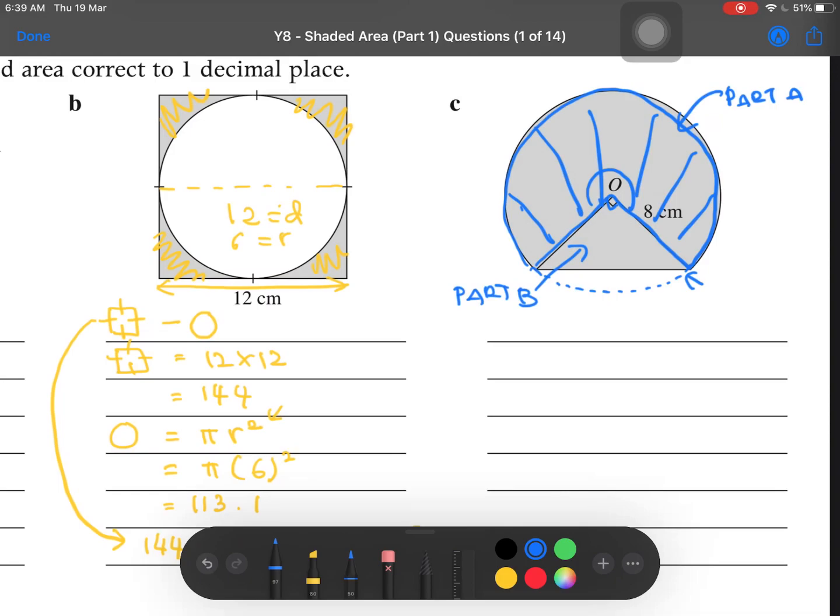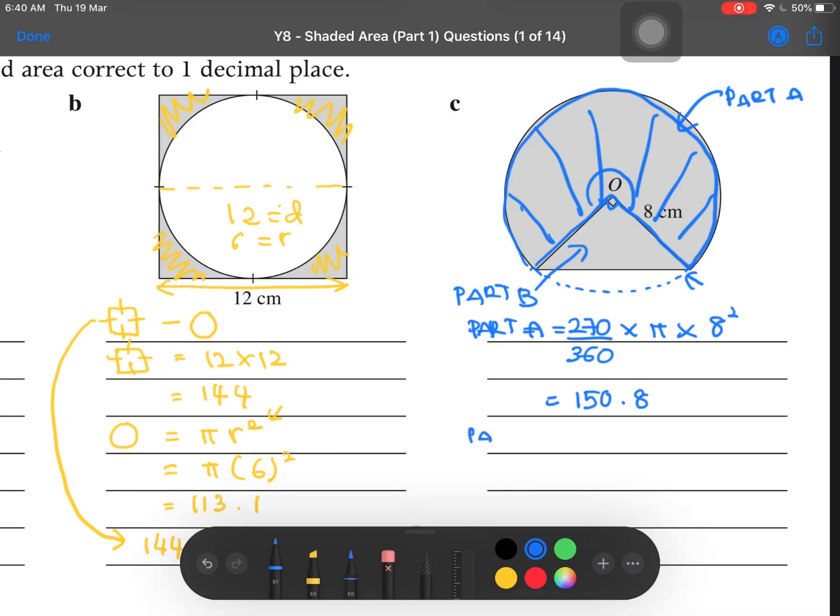So the working for part A would be 270 out of 360, because it's not a complete circle, it's just a portion of it. So 270 over 360, and then we apply the formula for the area, which is pi times r squared. That's your part A, and part A will give you 150.8, correct to one decimal place.